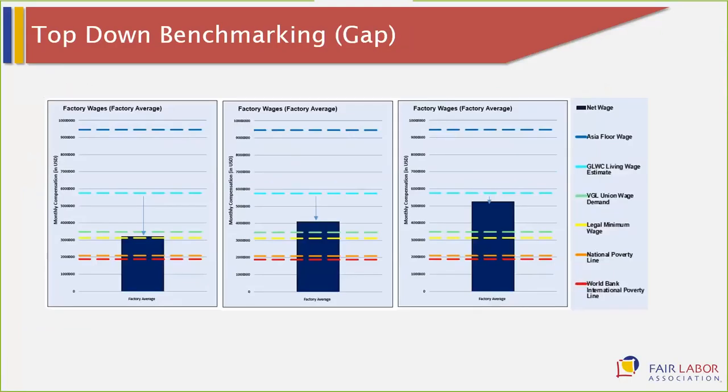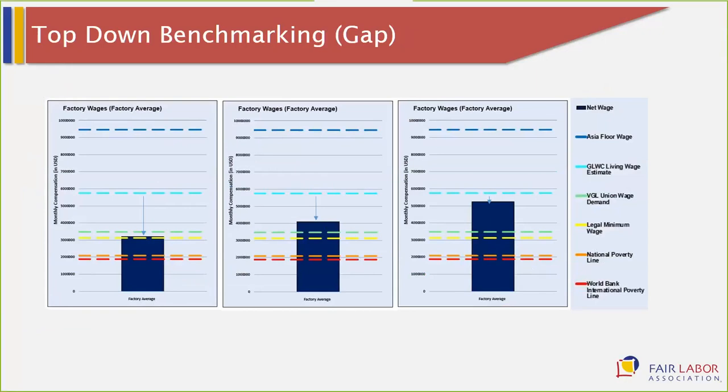An example of top-down benchmarking is where you have 3 different factories, and they're all in the same country, so the same benchmarks apply to all of these factories. And within this country, you want to examine how your 3 factories are in comparison to a single benchmark. That benchmark will be the GLWC living wage estimate in this example, which I believe to be in Bangladesh.